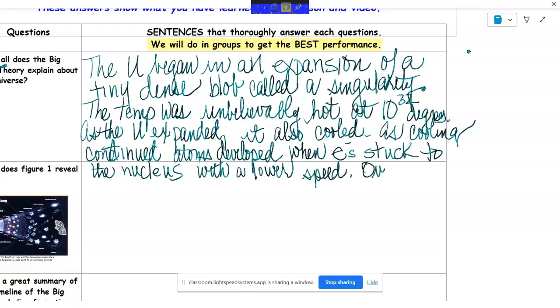Over time, bigger chunks of matter stuck together.